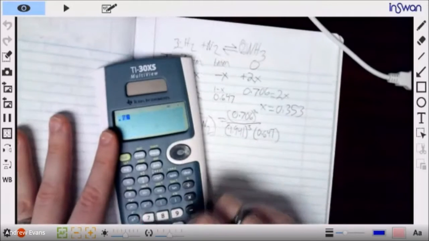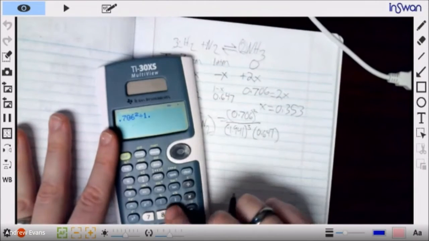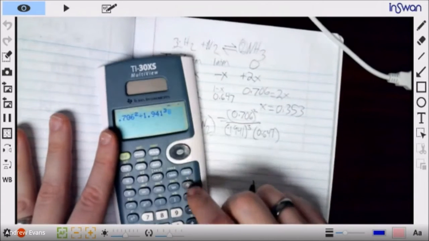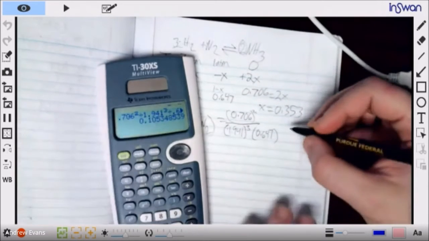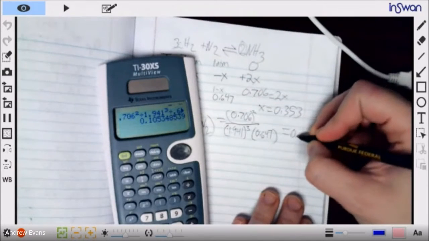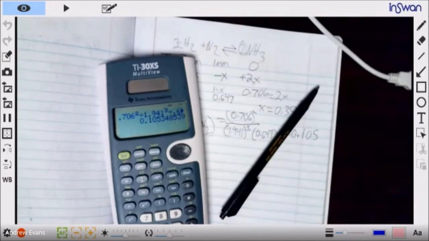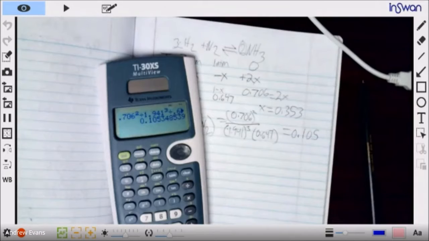I mean, we already know what the K is because we've done this one a couple times: 0.105. But if you didn't know, we found it mathematically through the ICE table.